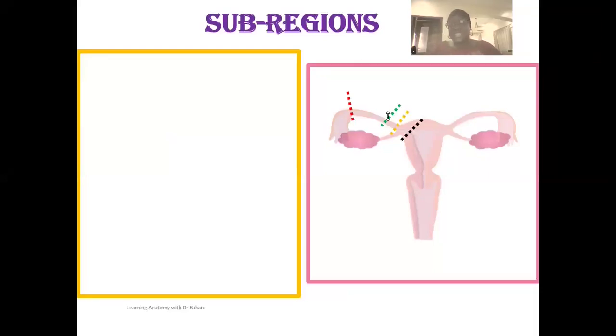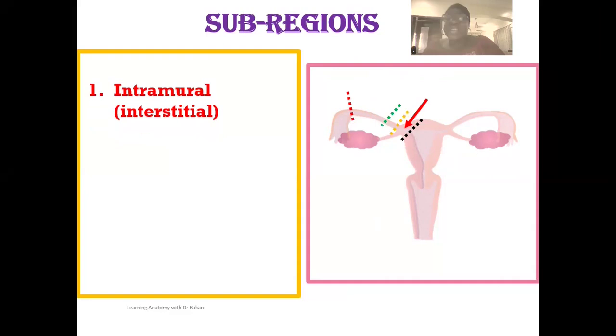If you look at this image here, we already created this alignment in dotted colors. This region arrowed here in red is the intermedial or the interstitial subregion. This can also be referred to as the intrauterine subregion. It is intrauterine because it is located within the myometrium of the uterus. If you look at the central region, this is where we have the uterus, and we have an extension here that is referred to as the uterine tube.